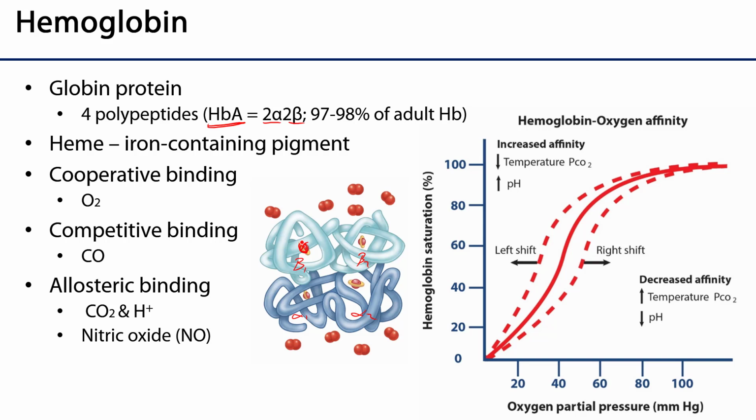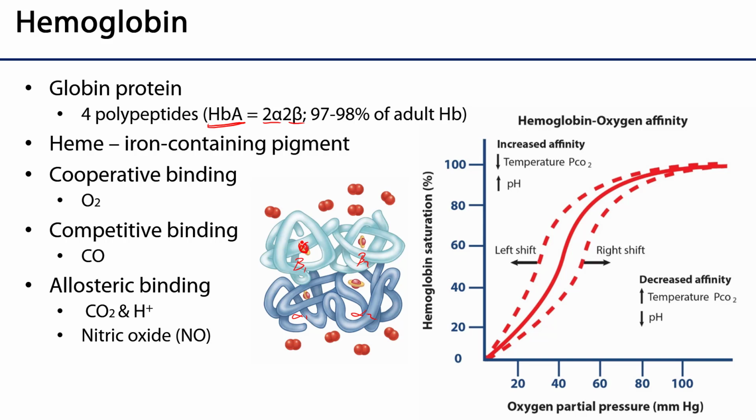So these binding sites are going to have different affinities for oxygen, meaning depending on conditions, the binding site may want to grab and hold on to oxygen more strongly, or might want to hold on to it less strongly, or even disassociate from it.